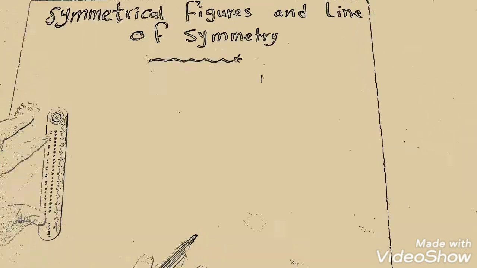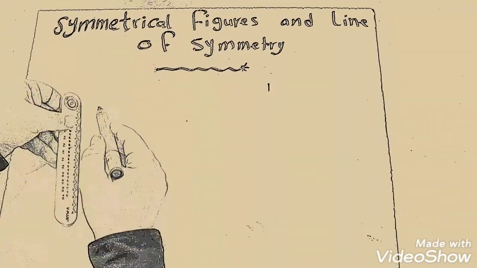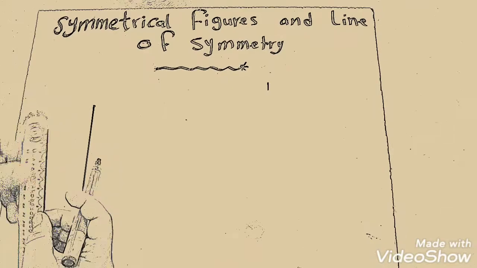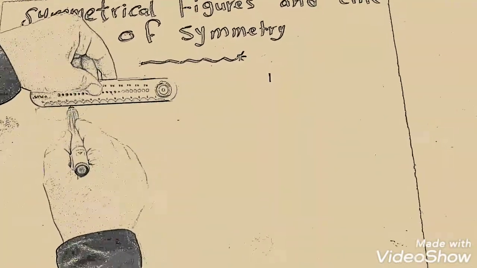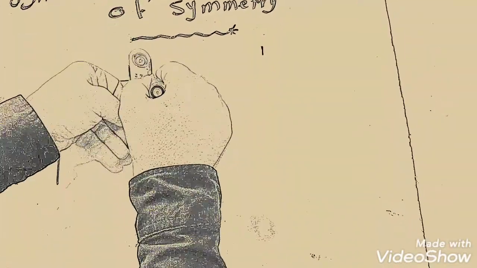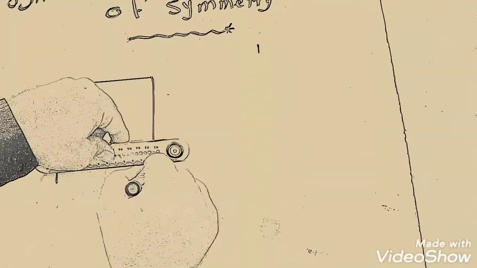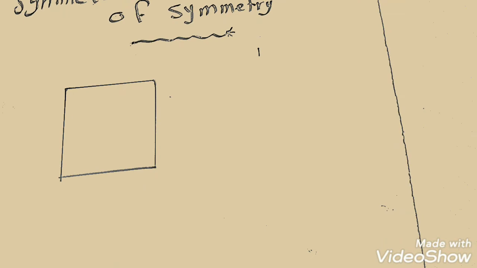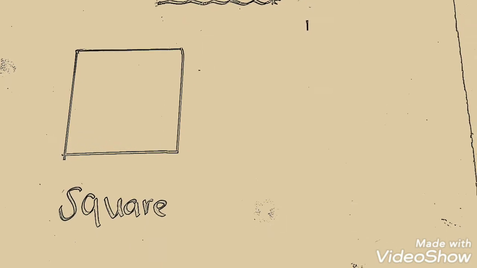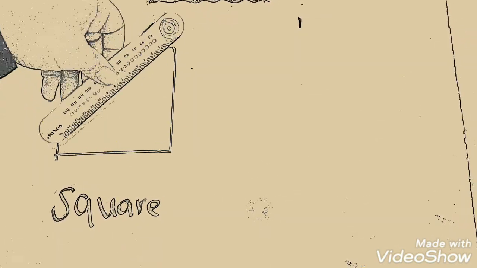Figure number 4 is called square. Square has 4 lines of symmetry.